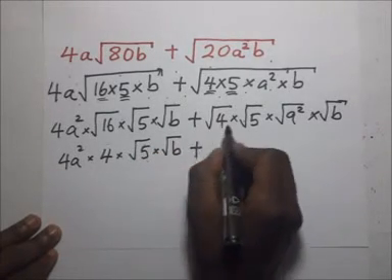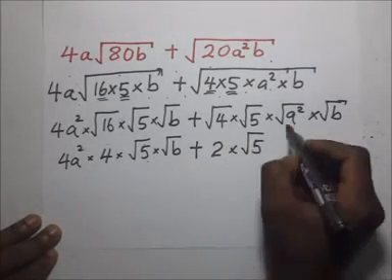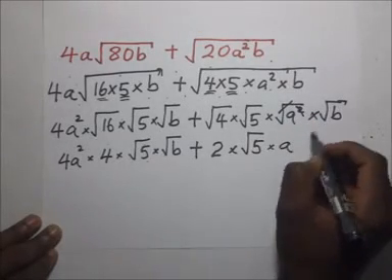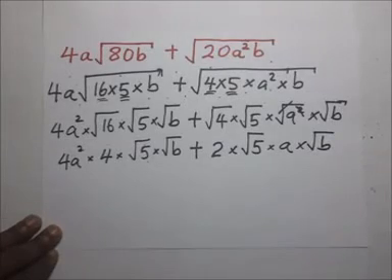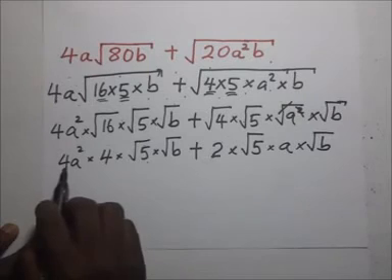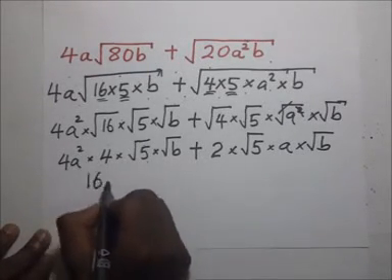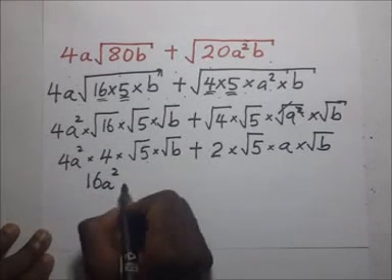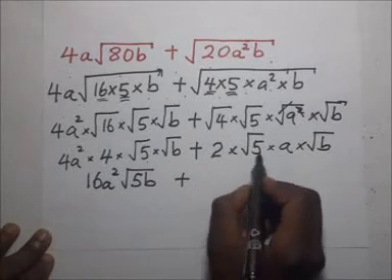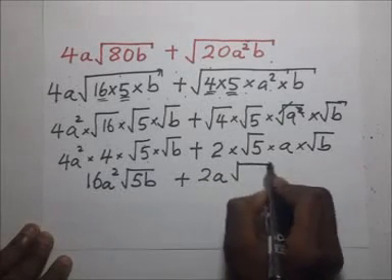Then we have plus the square root of 4, which is 2, times the square root of 5. Now the square root of a squared is a, so you remain with a times the square root of b. Simplifying this further, 4 times 4 gives us 16a squared, so it's going to be 16a squared times the square root of 5b, plus 2 times a, which is 2a times the square root of 5b.